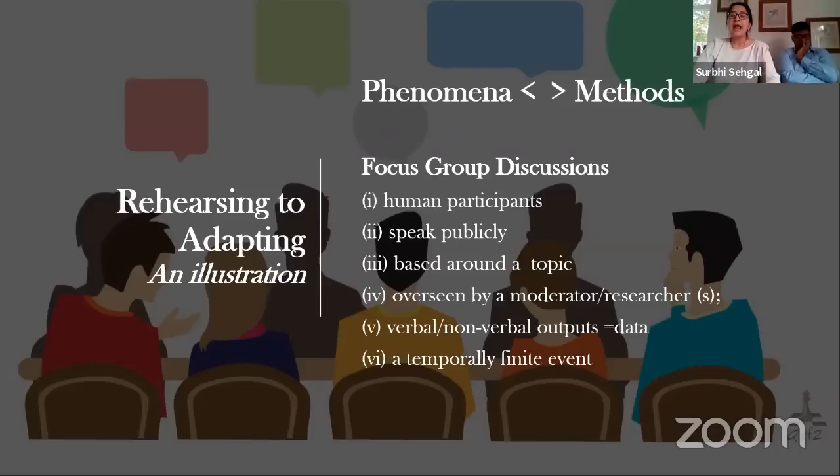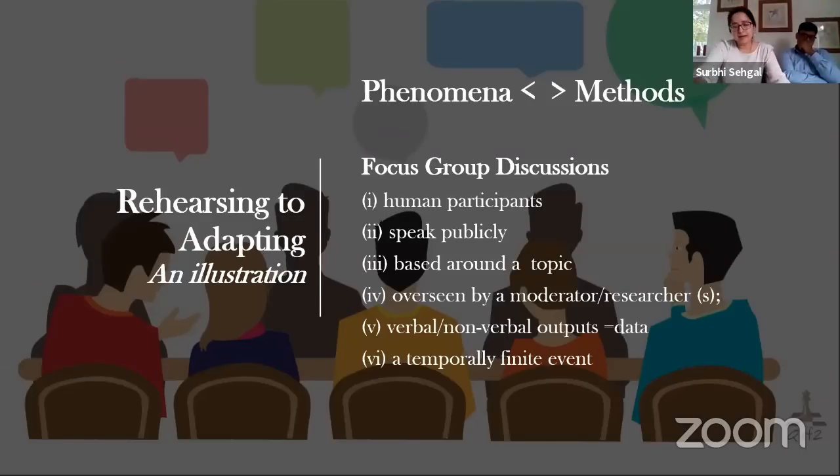This focus group discussion is a temporally finite event, which means it has a finite starting point and a finite end point in terms of time duration. So you always say that the discussion is going to last for about 40 minutes, 50 minutes, an hour, depending on the boundary you create as a researcher. So this is the background. This is what a typical focus group looks like.